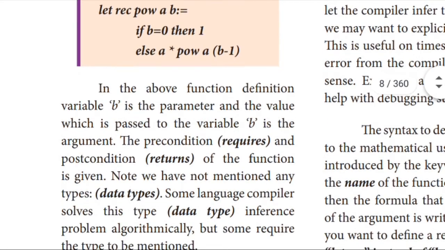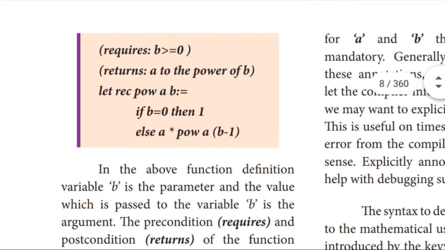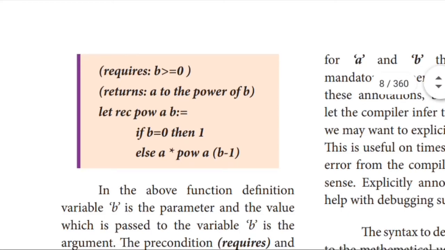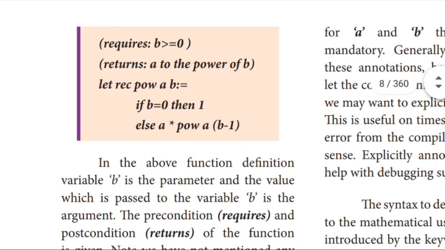For example, b is greater than or equal to 0. We are checking some condition, the b value is checked, it does some operations and gives some output. On behalf of that output, the b value may change. But we didn't mention any data type here.